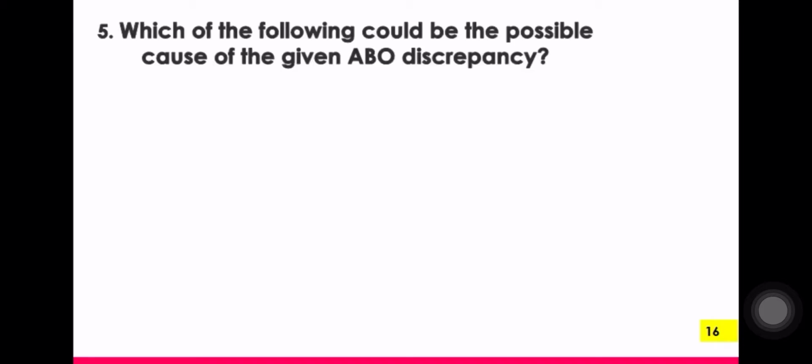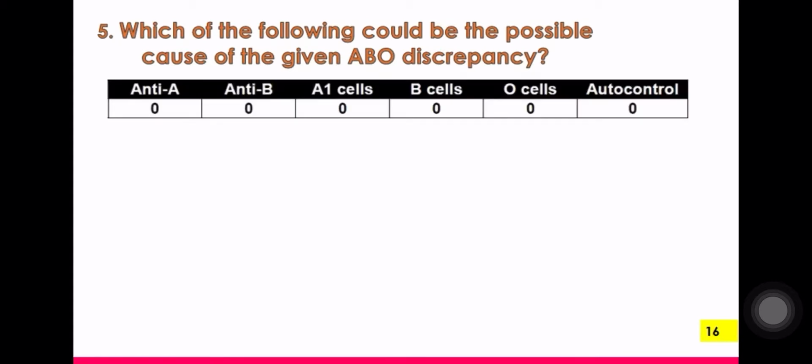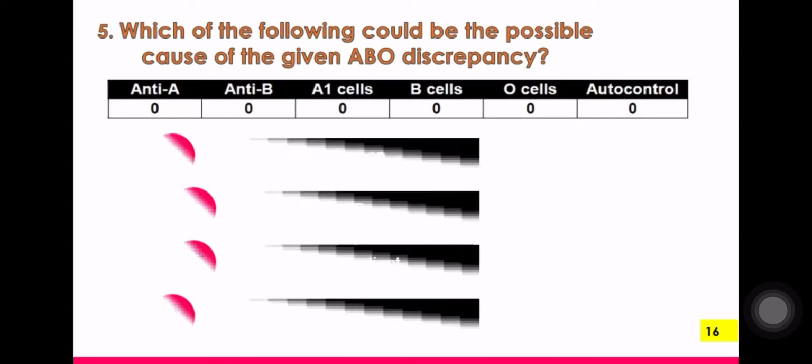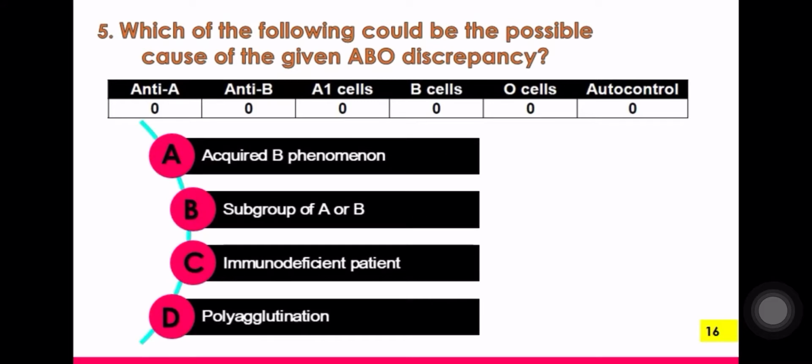Okay, number 5, which of the following could be the possible cause of the ABO discrepancy? Again, which of the following could be the possible cause of the given ABO discrepancy? So as you can see, there were no reactions in both the forward and reverse grouping. In the forward grouping, the patient types as an O. Now, if the forward grouping is O, it should yield a reaction to both A1 cells and B cells in the reverse grouping.